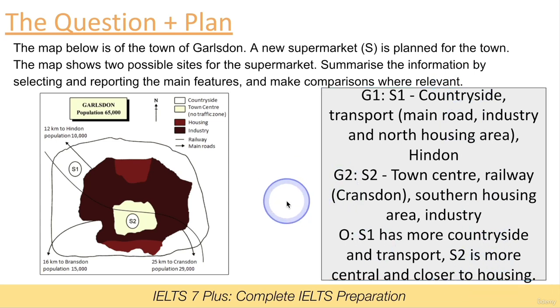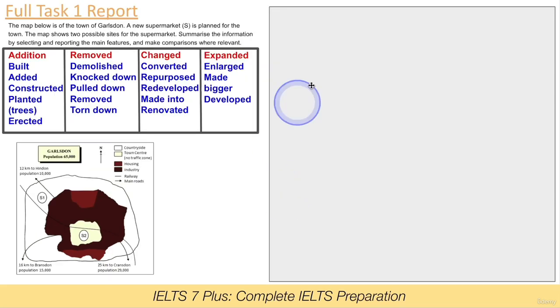Okay, brilliant. So we've got some notes here, we've got our ideas, our plans coming together quite nicely. So I think now we can head to the write-up. Okay, so we've got the question again, and we've also got this nice vocabulary, which is related to a map question in task 1.